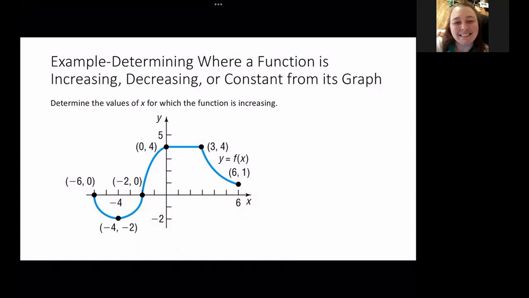The first one we're going to look at is where it is increasing. We're going to say it is increasing if we're going up the hill. Okay, so that is what increasing is. As we march along from left to right, where do we see it going up?